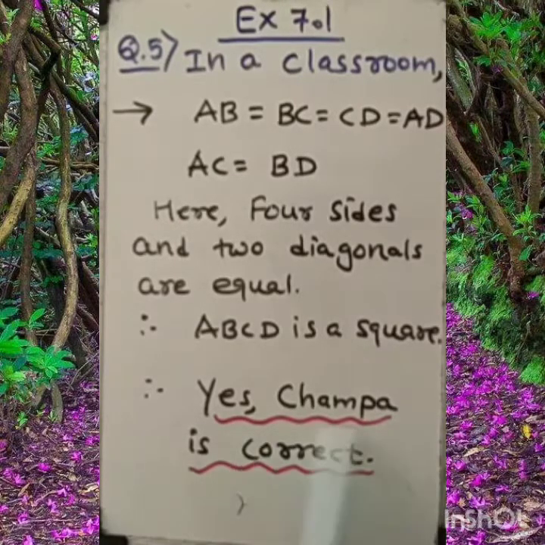According to that, you have to mention the answer. If you miss out writing, yes, Champa is correct, and you complete only up to here, then you will lose 1 mark. Such small mistakes can happen with you in the examination, and you have to face the loss of marks. Better be careful and follow the small instruction given by me.